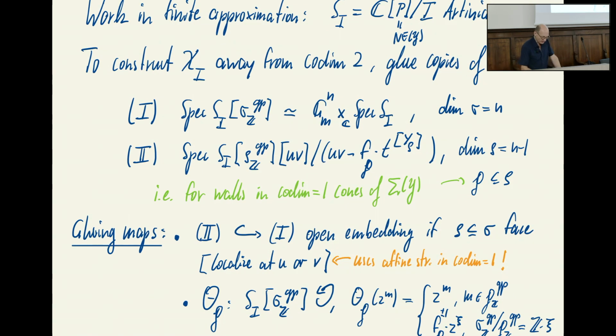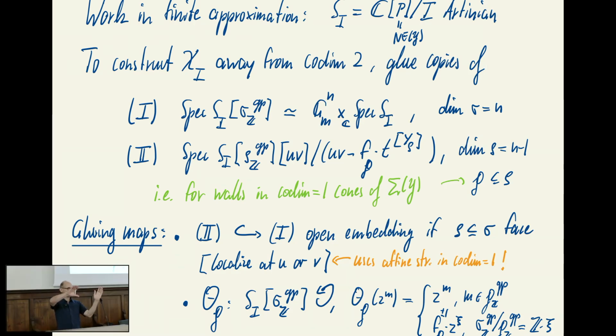And then there are gluing maps. Maybe we start with the first one. There are generalization maps from 2 to 1. If you have something in codimension 1, then of course there's a chamber in codimension 0, in this maximal cell that you can move into. And indeed, you can localize either at U or V. There's some orientation issue here involved, some choices of sides. You see that ring becomes isomorphic to that ring, right?